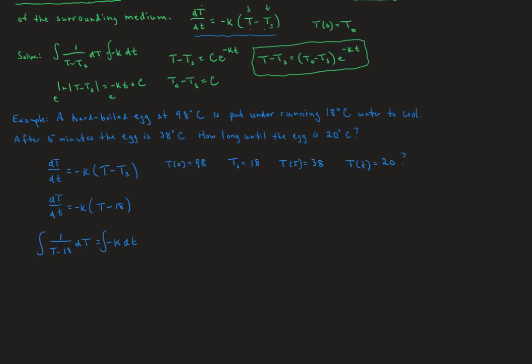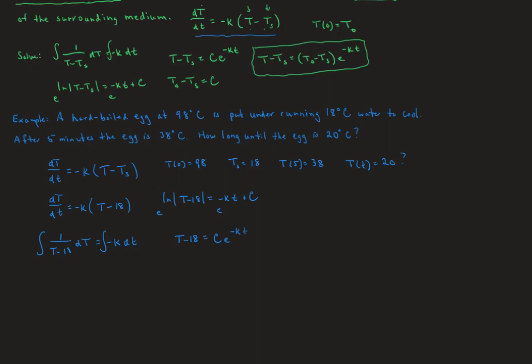We'll integrate both sides. So on the left side, we're going to get the natural log of the absolute value of T minus 18. And on the right side, we're going to get negative kt plus the constant of integration C. We can exponentiate both sides to get out of that logarithm and get T minus 18 is equal to C e to the negative kt.